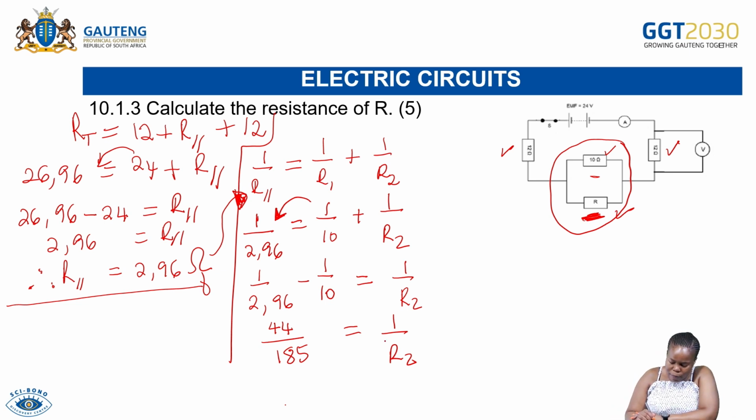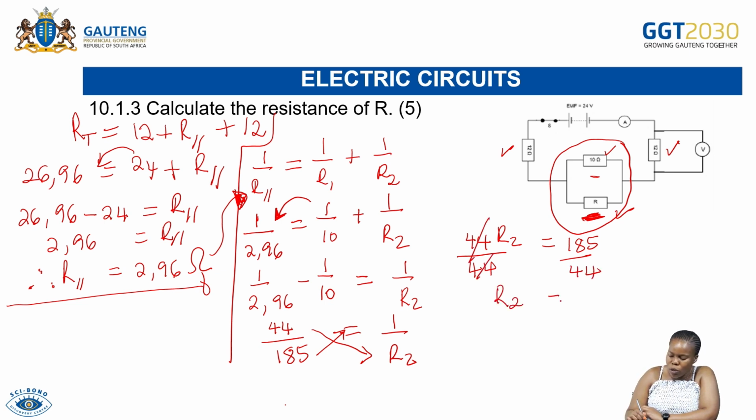So you just say simply 44 times R2 is going to give us what? 44 R2 is equals to 185 multiplied by 1, which is 185. And then divide by 44 on both sides, so that 44 cancels that 44.